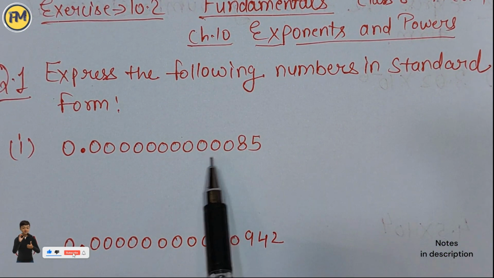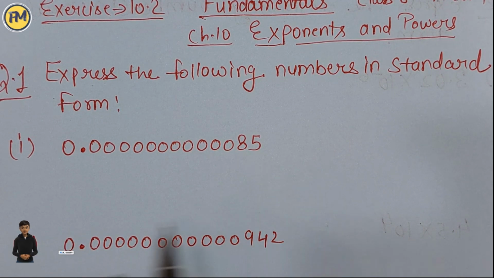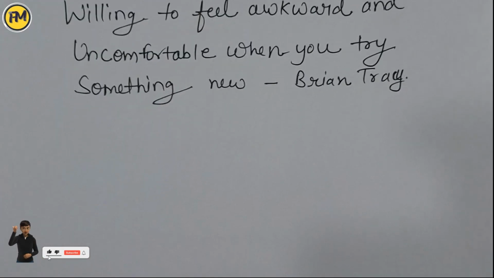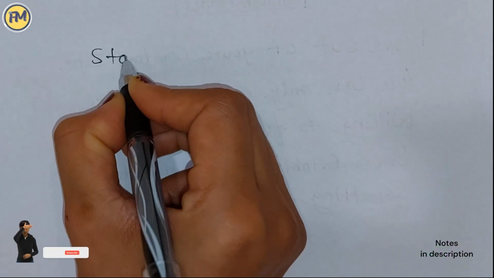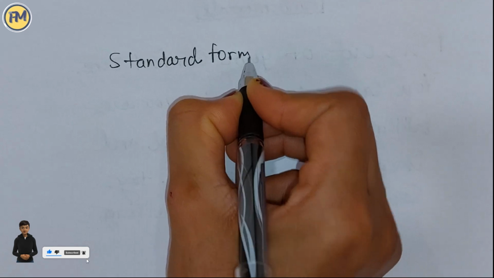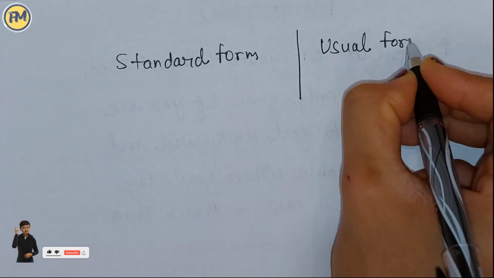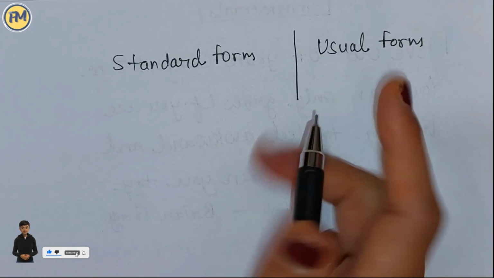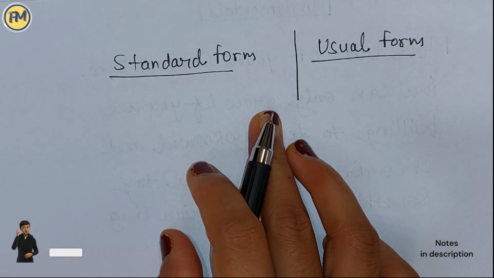Before explaining these questions, I want to give you a short introduction of this topic: what is standard form, and what is usual form. In this exercise, there are two forms, standard form and usual form.